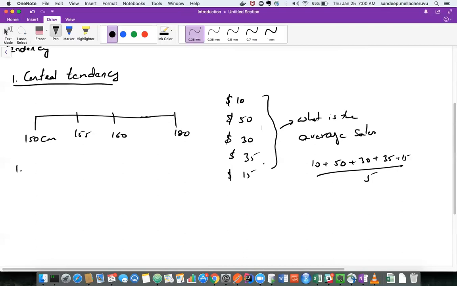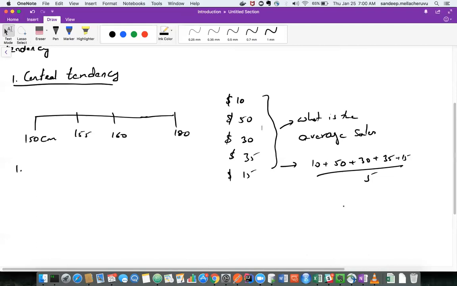So basically, this is a way to summarize the data. Even if you have 100 records or 1000 records or 1 million records, it is a very time consuming process to look at each of the records and then understand what it means.